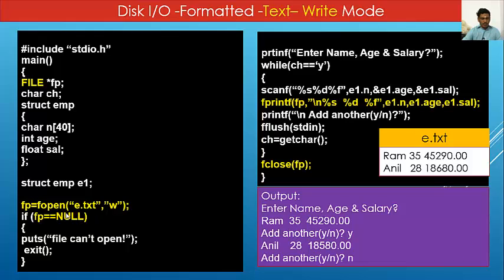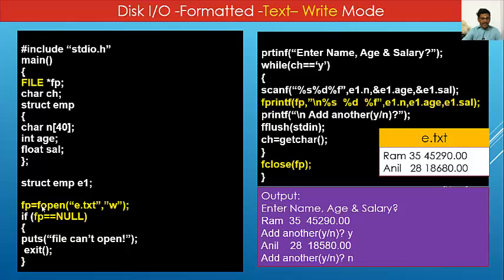The condition is true if there is any file opening error, for example due to network security or unavailability of memory. At any one of the reasons, file opening is not possible, so at that time it will return NULL.